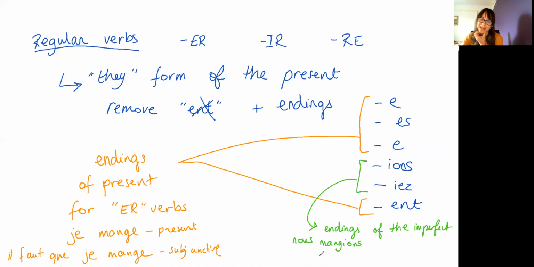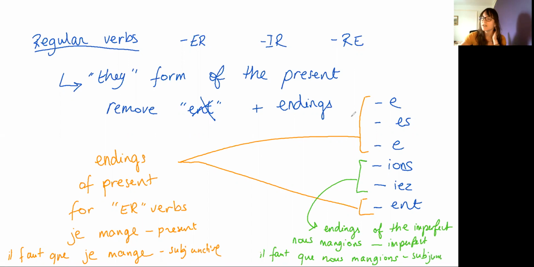But then if you're saying it is necessary for us that we eat, you'd say il faut que nous mangions. Here again, it is exactly the same verb form in the imperfect and the subjunctive.